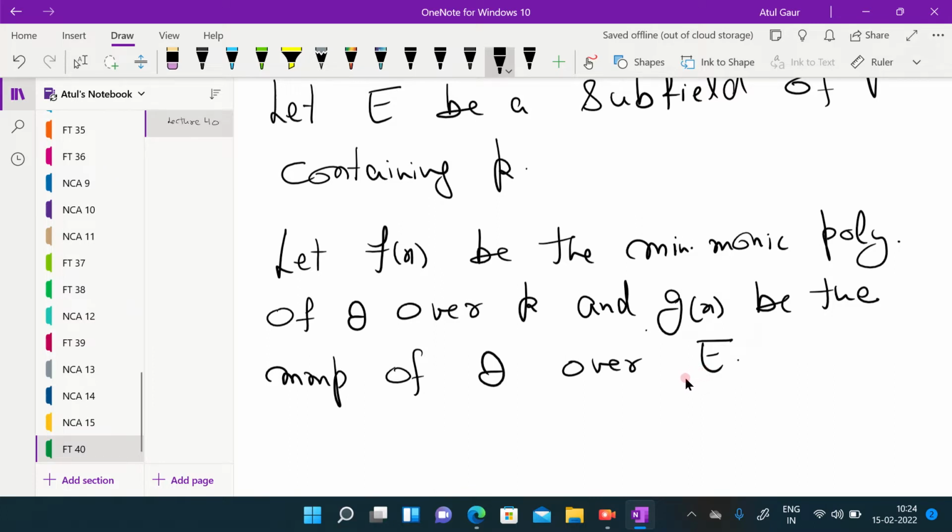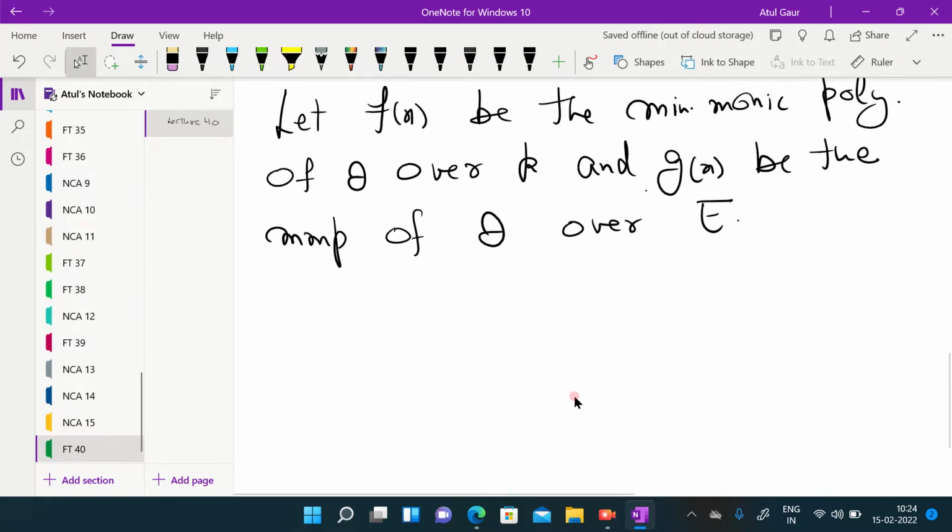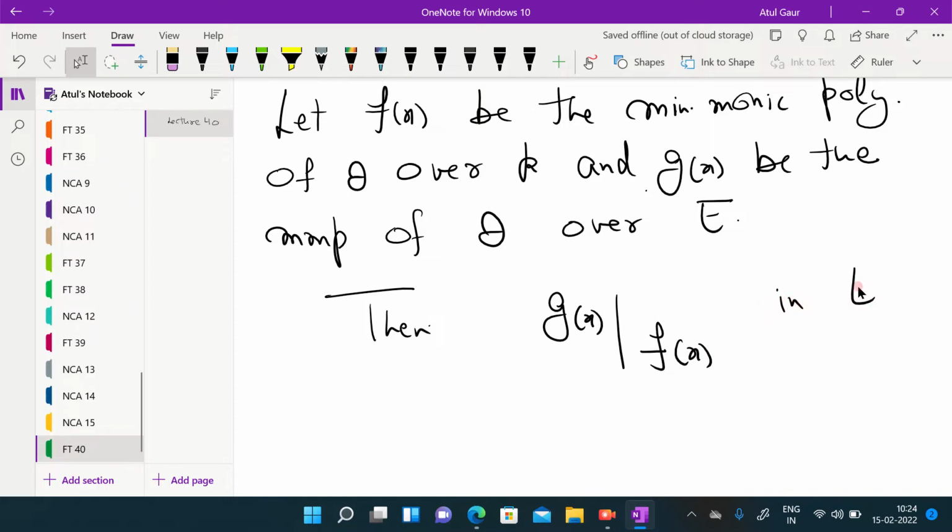So g(x) will divide f(x), because g(x) and f(x) both are polynomials over E, and g(x) is the least degree polynomial. So then g(x) will divide f(x), and this division takes place in E[x]. All right.